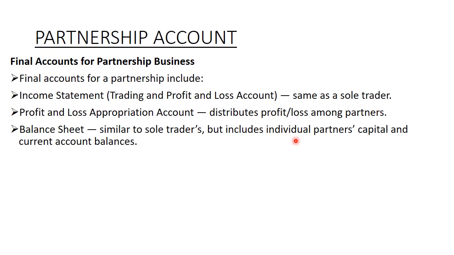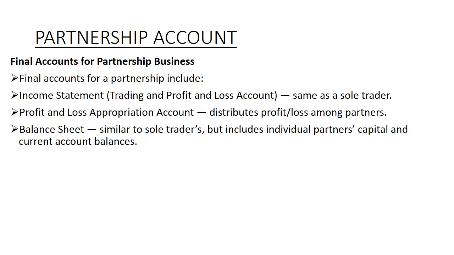The balance sheet always has capital, but there are two or more partners, so the capital of each partner must be shown in the balance sheet. Also, there must be a current account balance for each partner. So these are the changes to the final accounts from a sole trader to a partnership, the main ones being the profit and loss appropriation account and this change in the balance sheet.